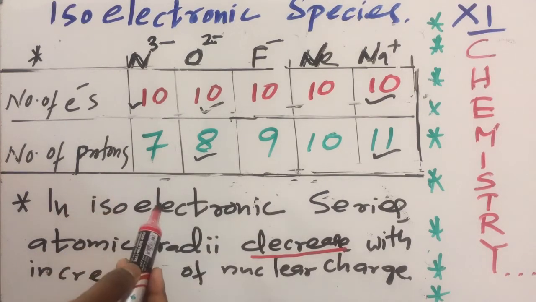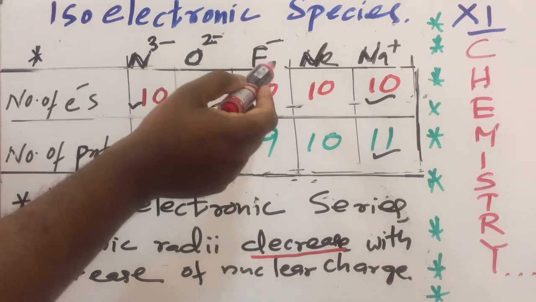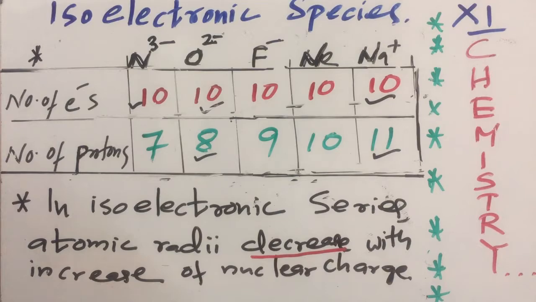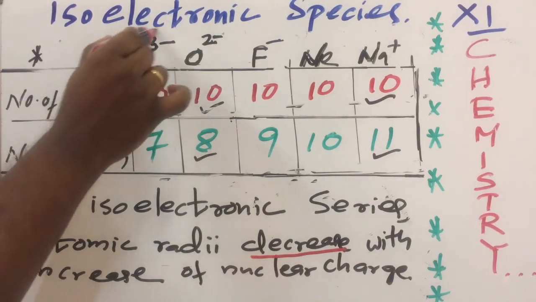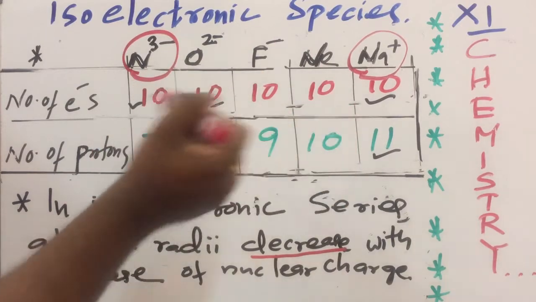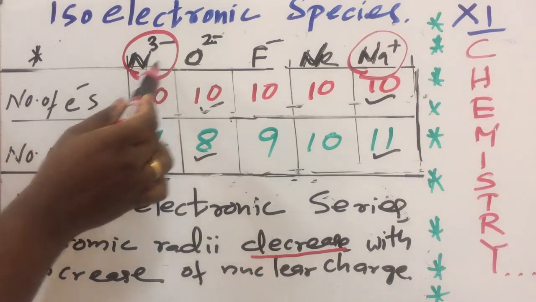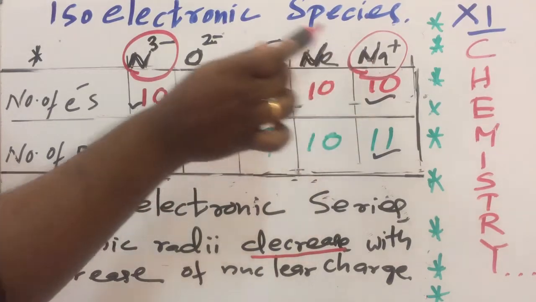Now let's compare the size of ions in an isoelectronic series. First compare the size of N3 minus and Na plus. Out of these two ions, which one possesses the least atomic size? We know both are isoelectronic, Na plus and N3 minus.